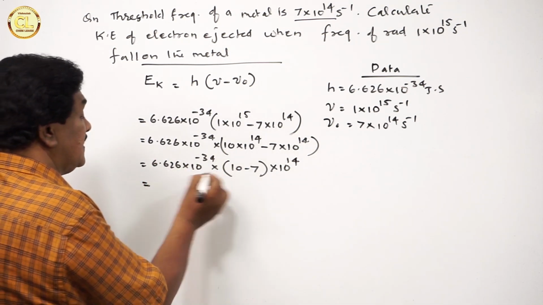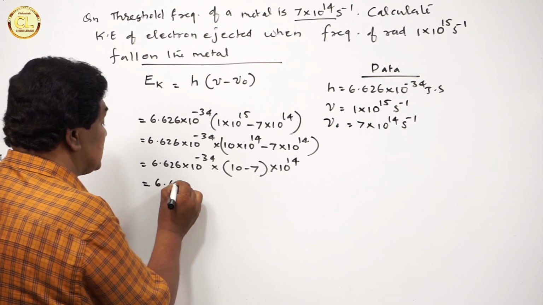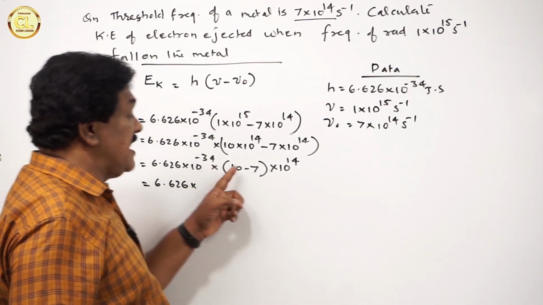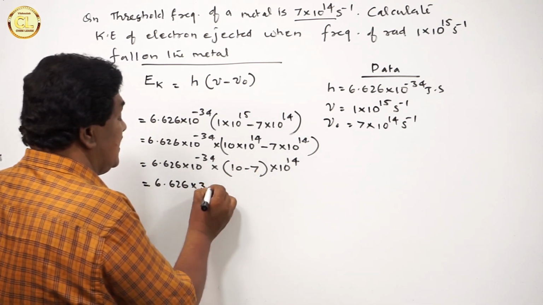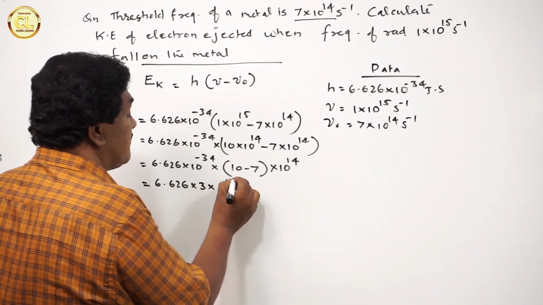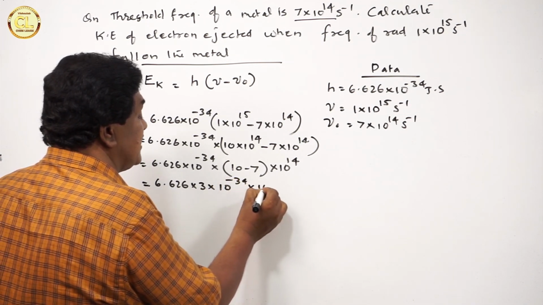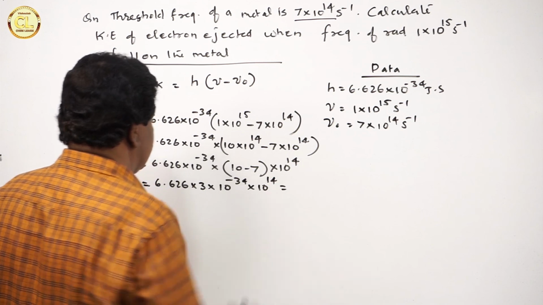That is 6.626 into (10 minus 7, which is 3) into 10 raised to minus 34 into 10 raised to 14.